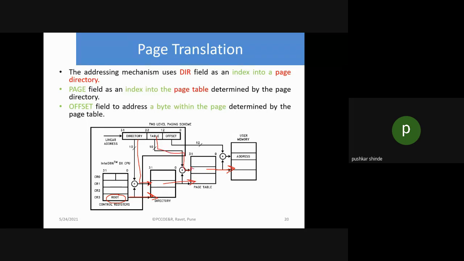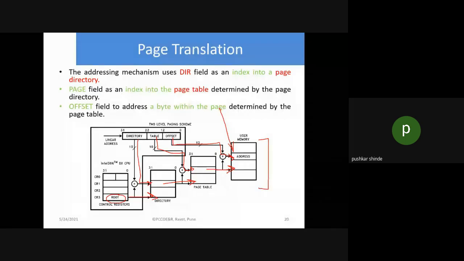And the offset in the page that is actually getting accessed is contained in the offset of the linear address. So in paging, from the linear address, you are getting actually the physical address in the main memory. From the page translation, we get the physical address. If the paging is disabled, the linear address is directly the physical address.